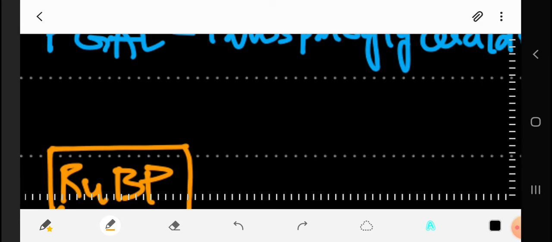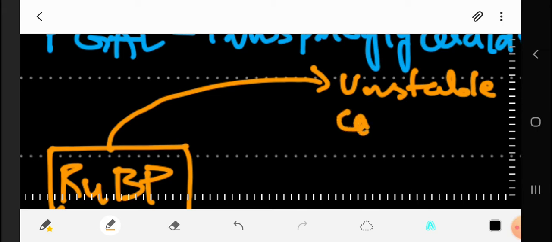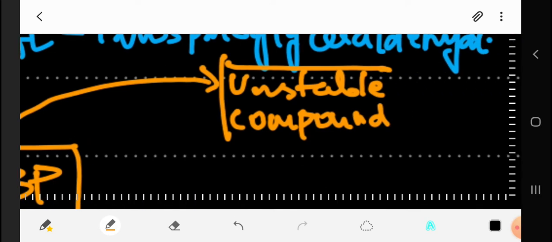So this RUBP gets converted to an unstable carbon compound. Till today we don't know the name because it's very unstable, and it just stays for a few seconds.